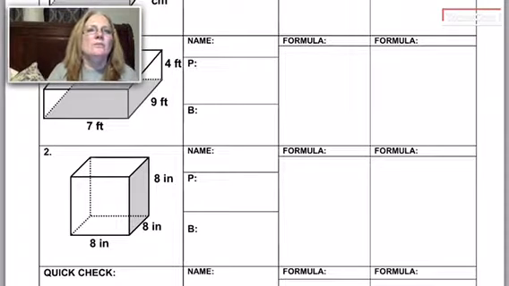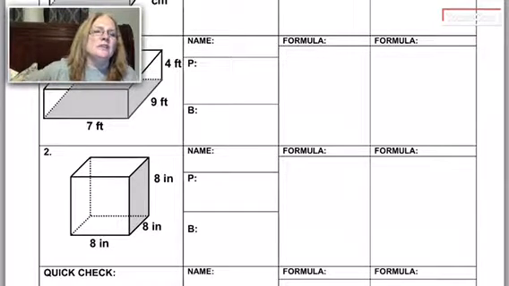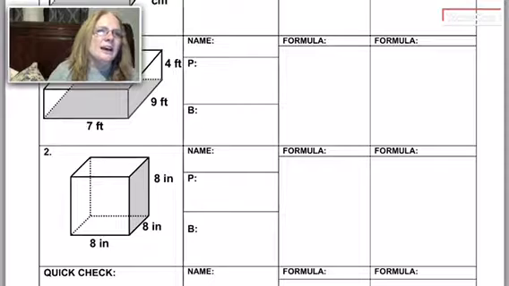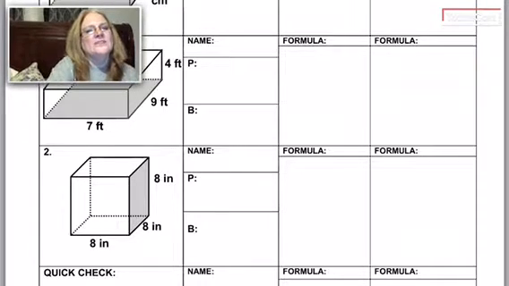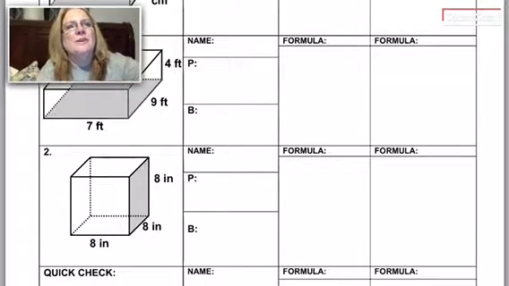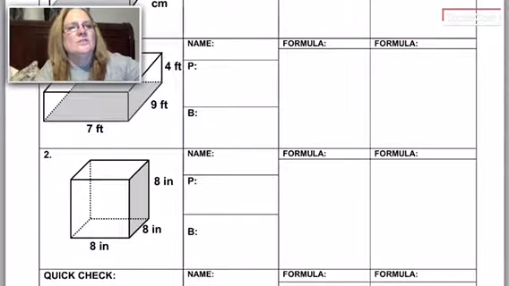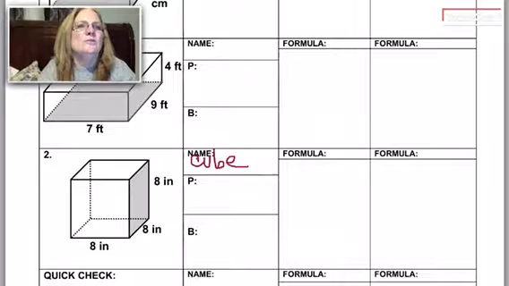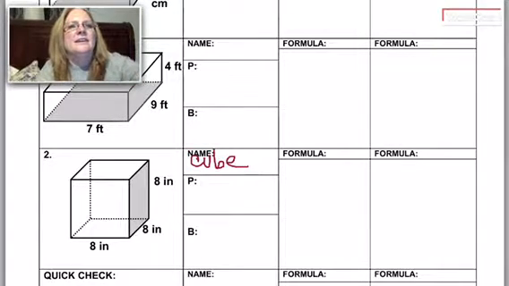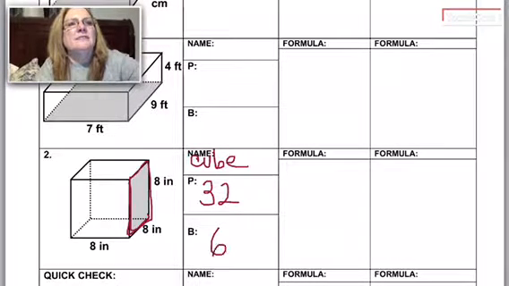Okay, here we have a cube, and so we can use the same formula here. However, since all the sides are the same, there may be a shortcut, but let's go ahead and just continue with our formulas we've been using. So this is a cube, so the perimeter of the base is, they're calling this the base, but they're all the same. So 8 times 4 is 32. 8 times 8 is 64.